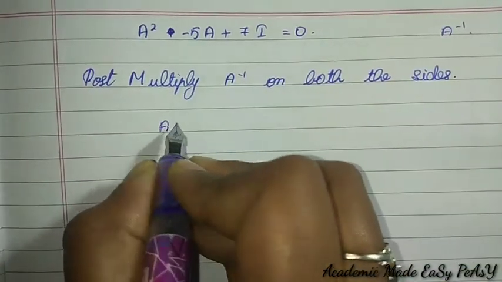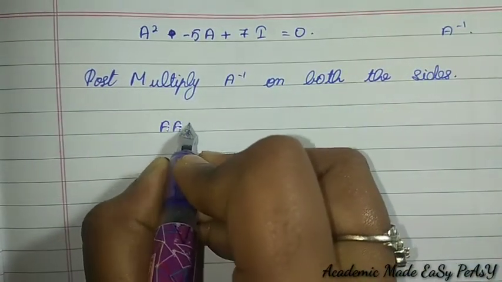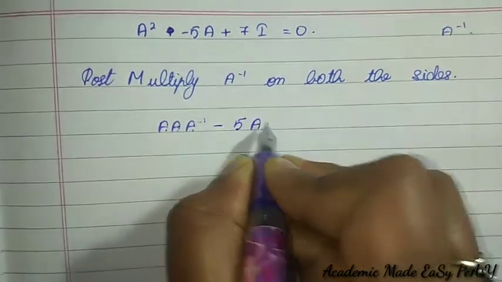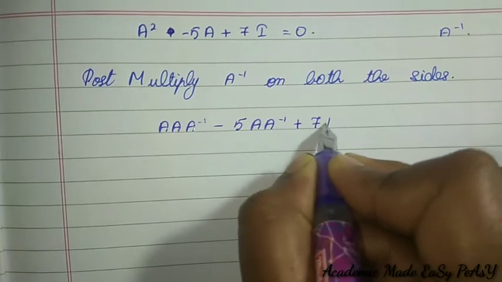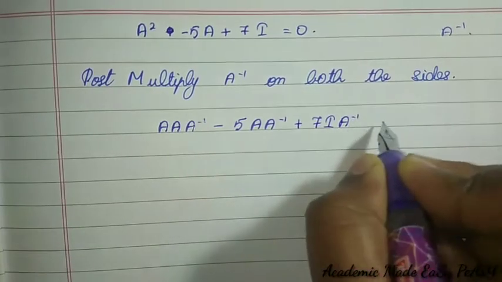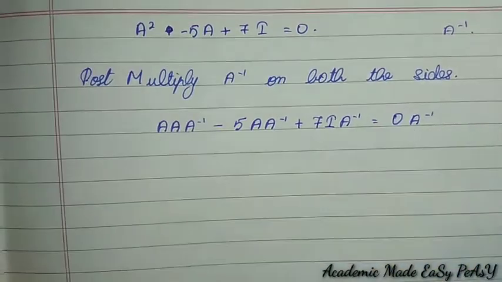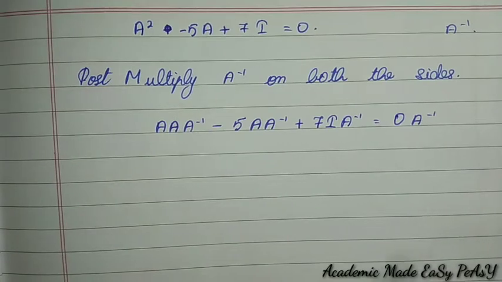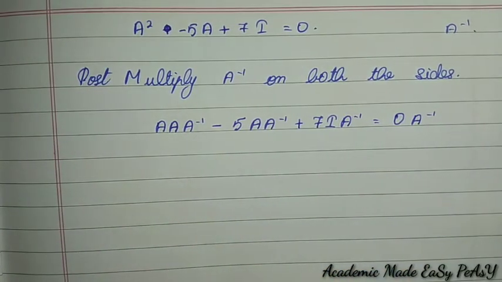So A square can be written as A into A, and here A inverse, minus 5 into A inverse, plus 7I into A inverse is equal to 0 matrix into A inverse. So I have multiplied throughout by A inverse. Okay. So each and every element I have multiplied with A inverse.